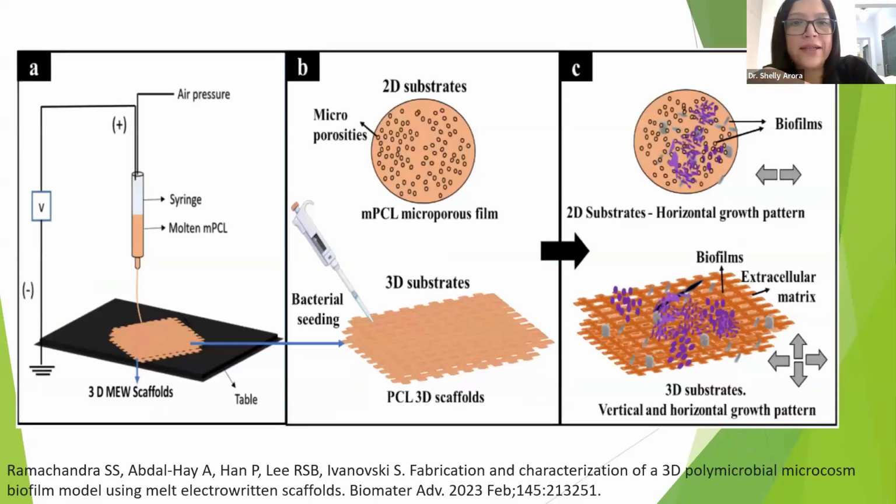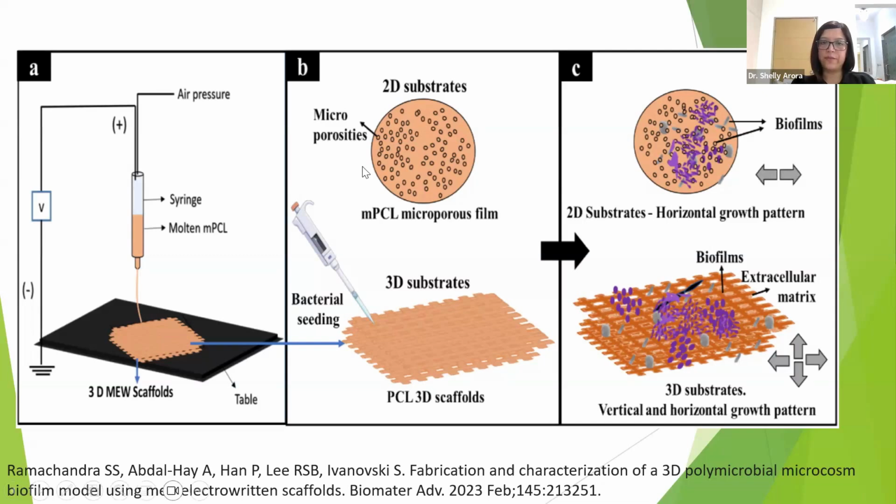Now, just to give you another example, this study was done by one of my very good friends from UQ, University of Queensland. They have done this beautiful study, just trying to tell you how the scaffold works. They have grown biofilms and not cells, but the concept remains the same about 2D and 3D scaffold or substrate.